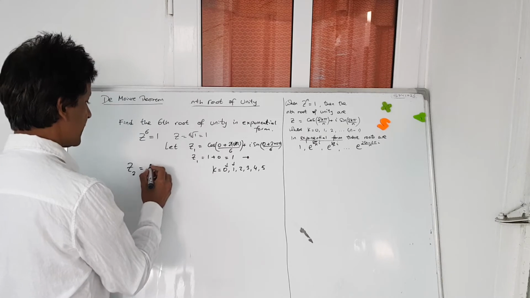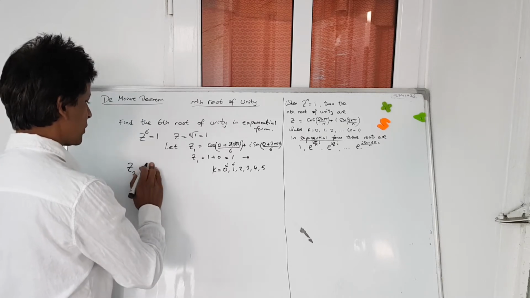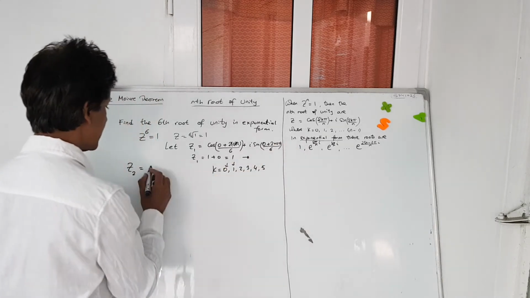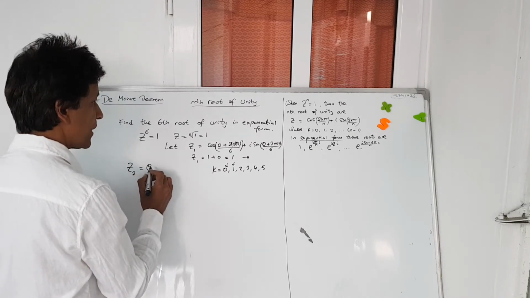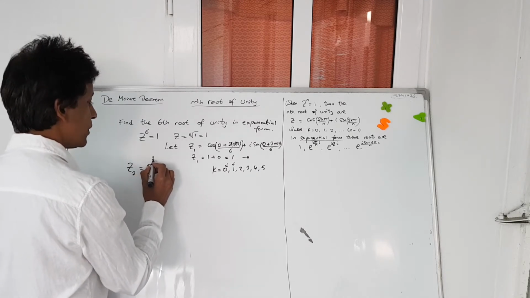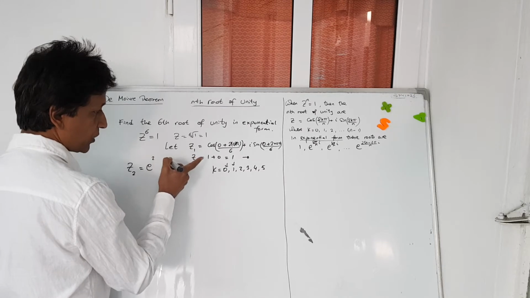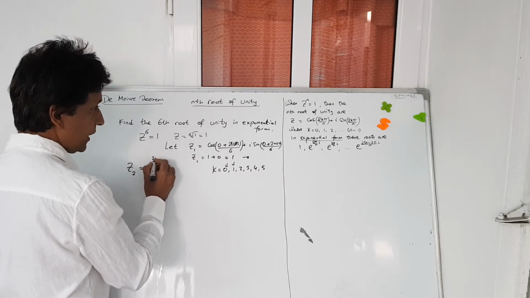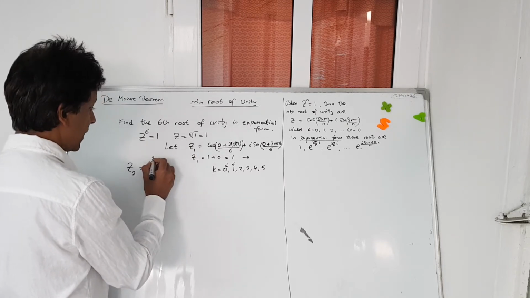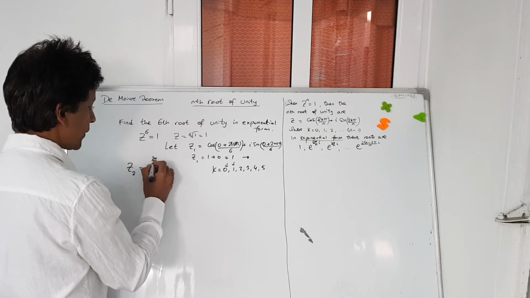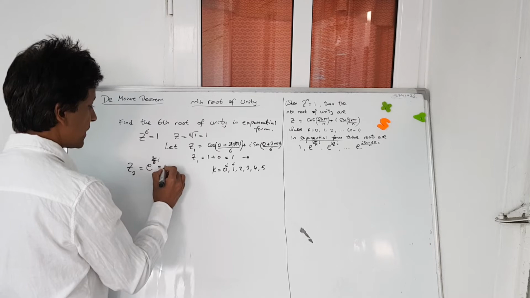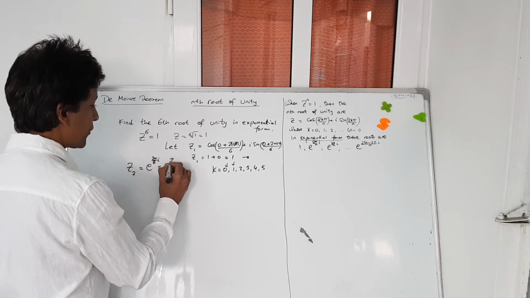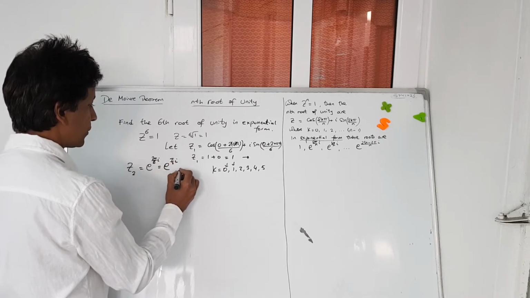Let's put it in exponential form like this: e to the power of 2 times 1 times pi i over 6, so that means e to the pi over 3 i. That's my second root.